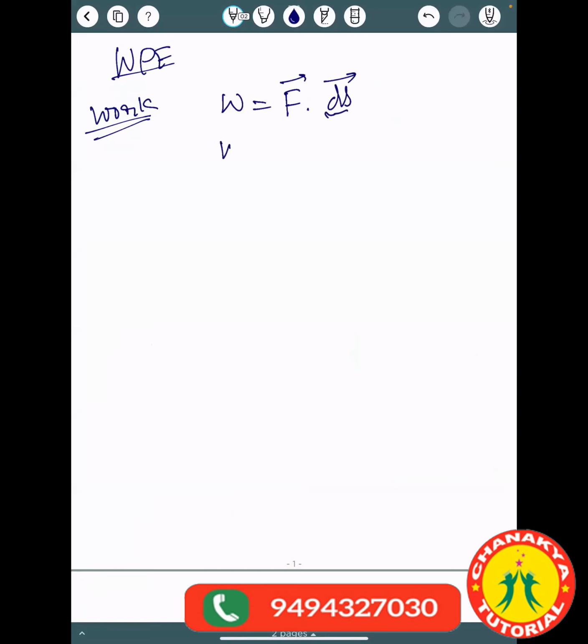And then for variable force, what is the formula, Samita? The integral of F bar dot ds. Very good.